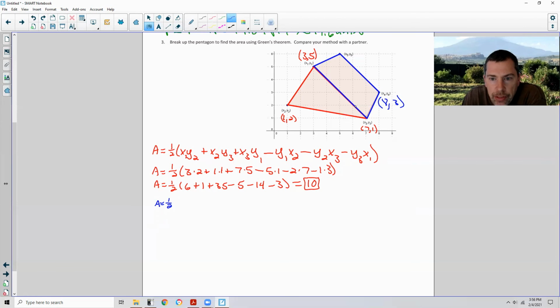I'm not using these points. I just realized that. I am apologizing. This is the point 5 comma 6. So if we start here, x sub 1, y sub 1, then we're going to go to x sub 3, y sub 3. So I'm going to write these over here in the order we're going to use them.